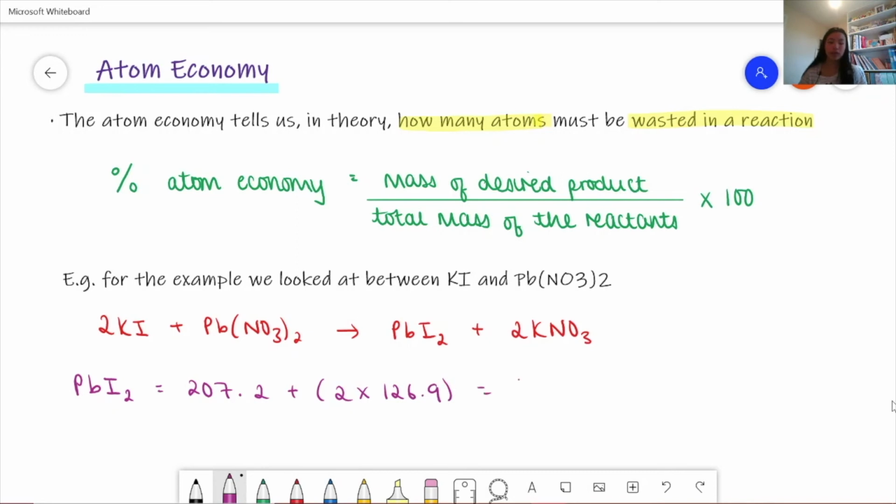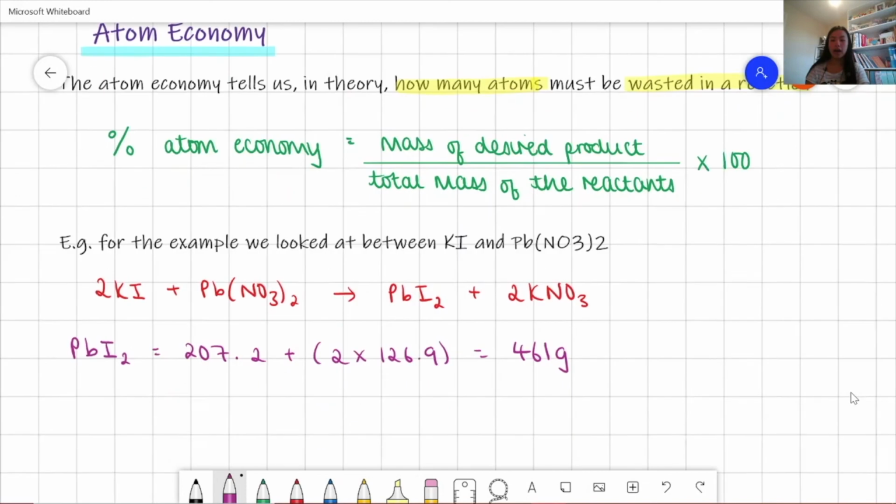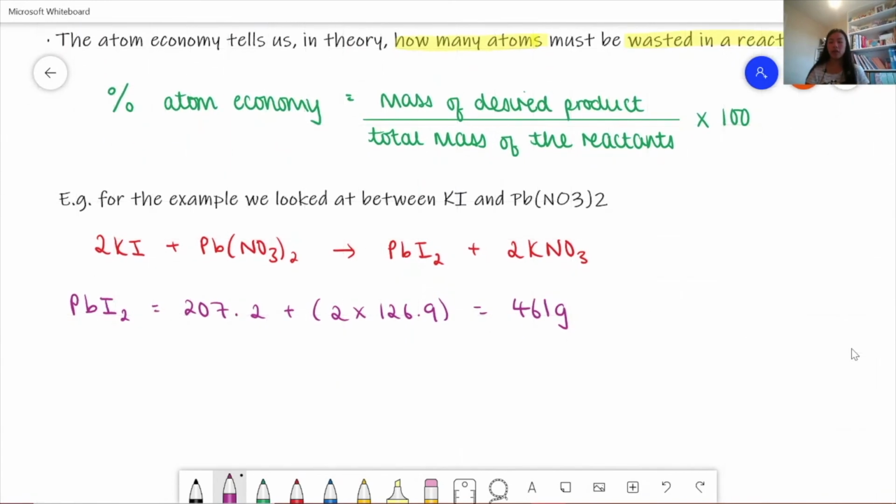So this gives us 461 grams of this lead iodide. And then we have the reactants. So we have 2 moles of potassium iodide. And so we have to do 2 multiplied by the MR of potassium iodide. So we have 2 times 39.1 plus iodine, which is 126.9. And this gives us 332 grams.